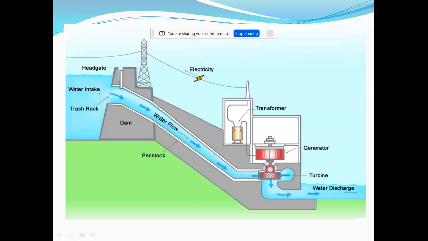Now, somebody tell me, what is the importance of having a water head in the hydroelectric power generation process? Gideon, Felix, the importance of having a water head?